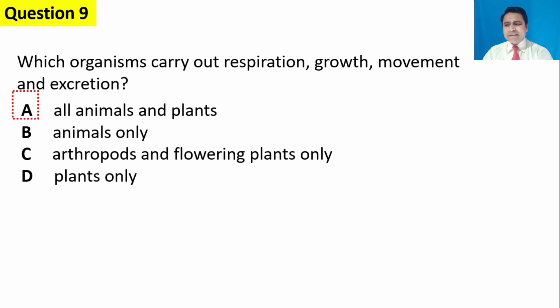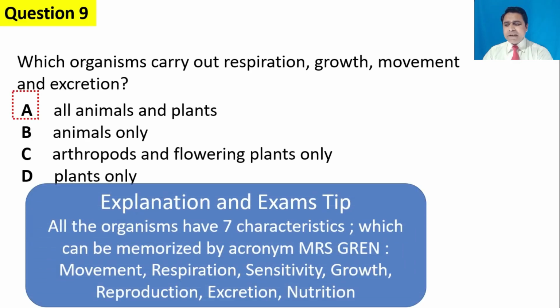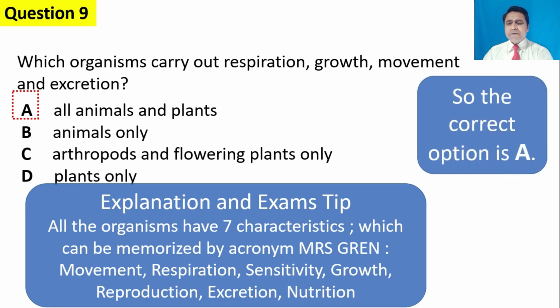Option A is the answer. Explanation: All the organisms have 7 characteristics which can be memorized by the acronym Mrs Gren. Movement, respiration, sensitivity, growth, reproduction, excretion, nutrition. So the correct option is A.